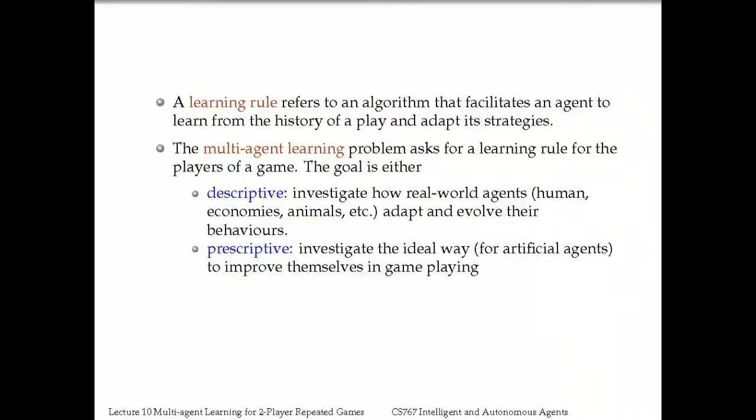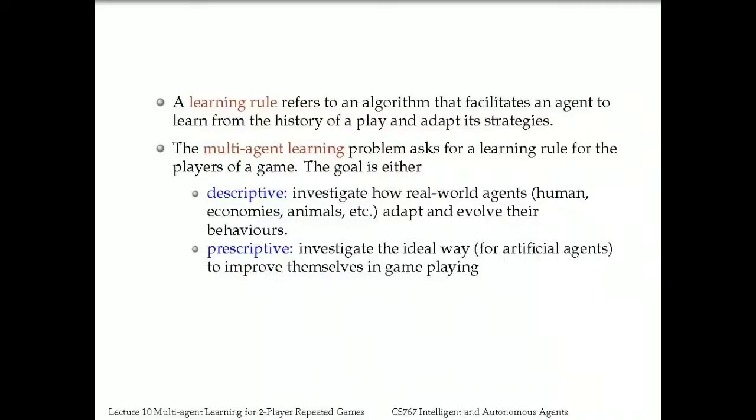This has to be a process of adaptation, evolution, and the reason for developing learning algorithms is that we want to explain the behavior that we observe in the natural world. So this is more of a descriptive study.